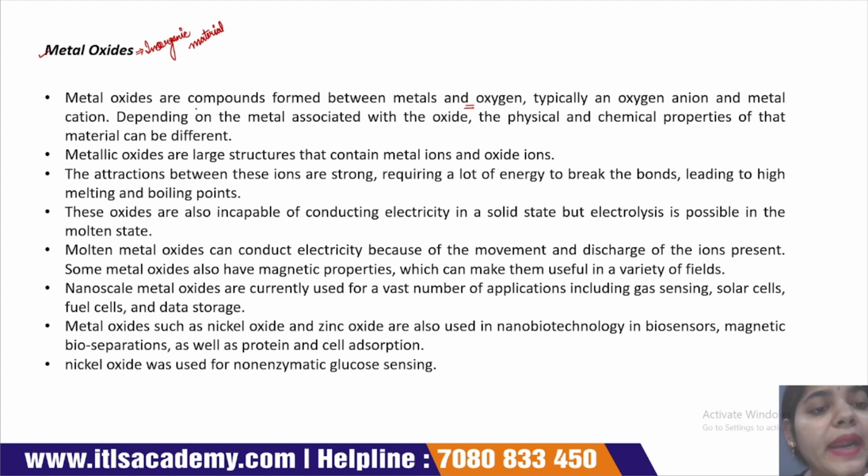Metal oxides are formed whenever metal and oxygen combine. Typically, oxygen is an anion and metal is a cation.